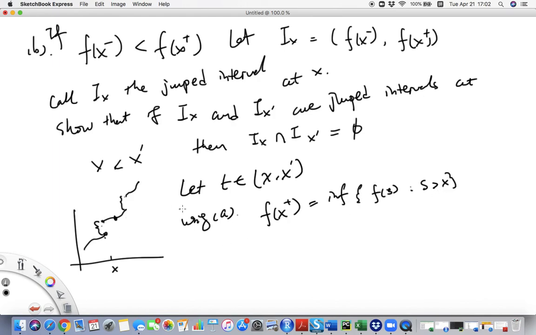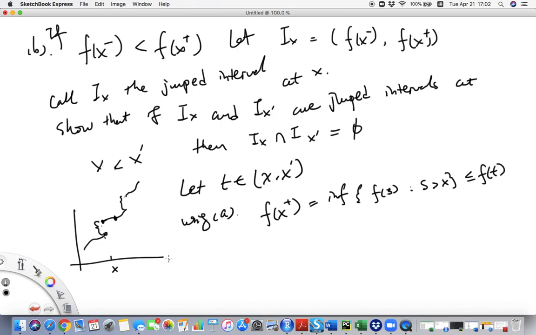So the function is increasing, so the right limit is equal to the infimum. Okay, good. So this is less than or equal to f of t by definition, because t is greater than x.